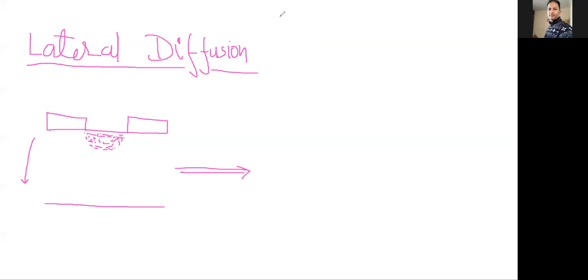So when we allow for diffusion, after diffusion, these dopants which were till here will diffuse like this.